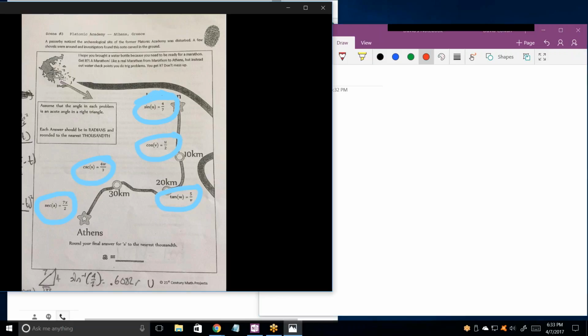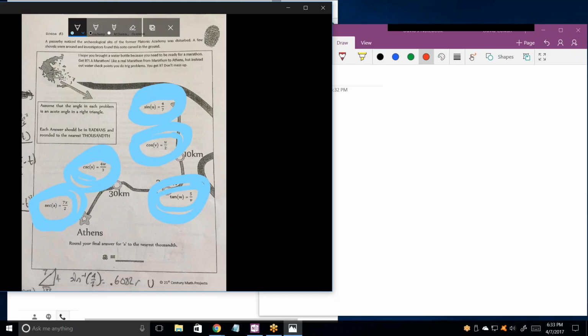With that first one, make sure u is in radians. Now with u in radians, you'll be able to solve for v, and v will be in radians. And then w will be in radians, and x will be in radians, and a will be in radians.